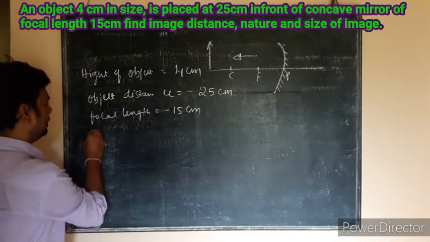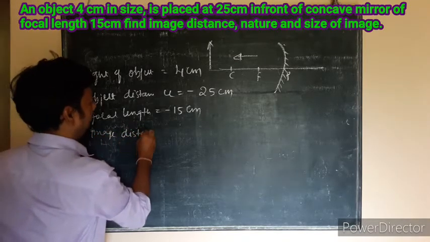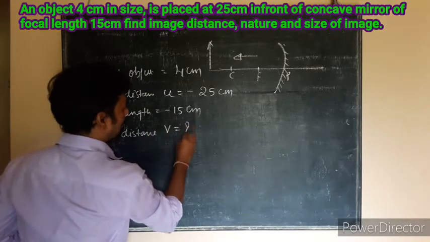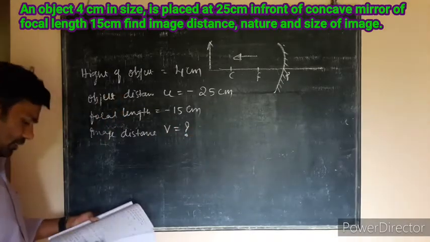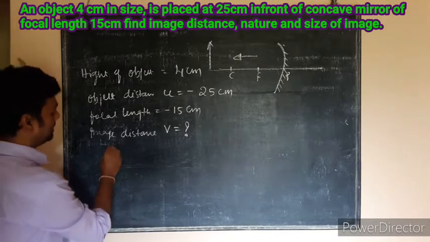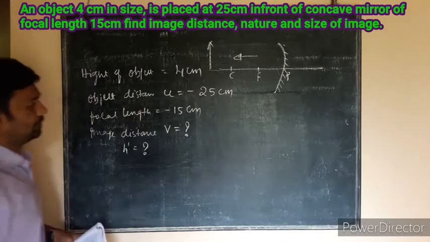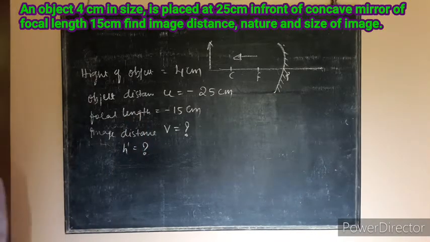So they have asked about image distance. Image distance equal to v, how much? And also they have asked to find the nature and size of an image. Size indicates what? h dash is equal to how much? With the given data, we can easily find out the value.